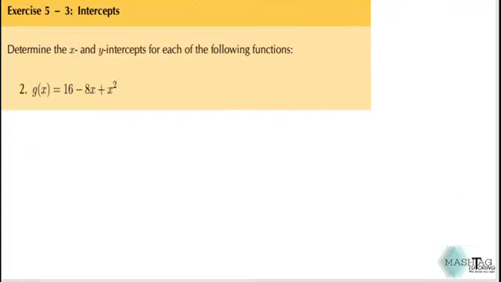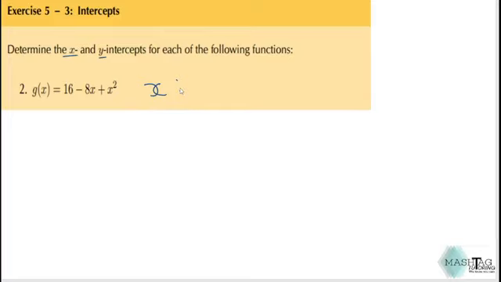So let's do example number 2, which is kind of straightforward if you ask me. We again determine the x- and y-intercepts. Let's start with the x-intercept. Remember, the x-intercept is exactly where your function cuts the x-axis.